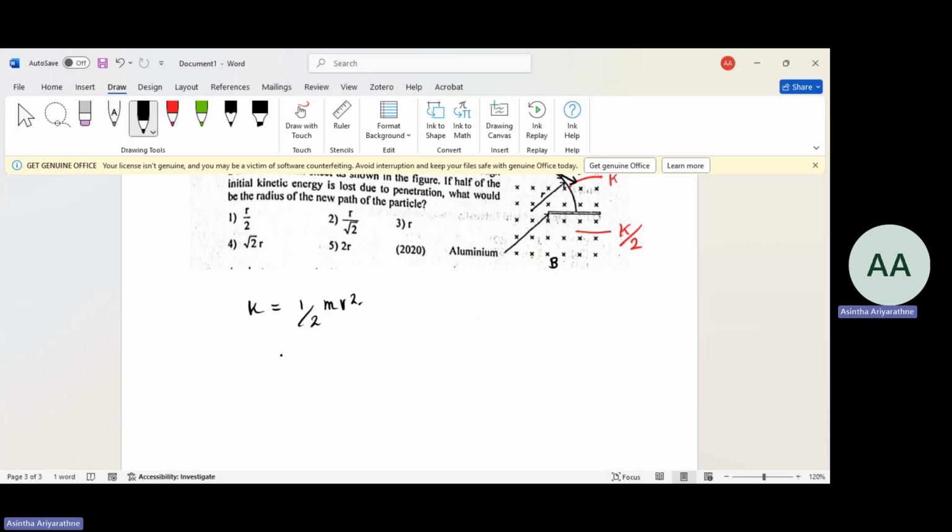Then apply F equals m a towards the center.